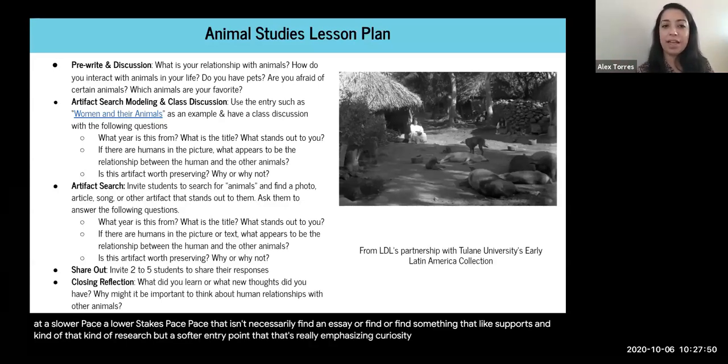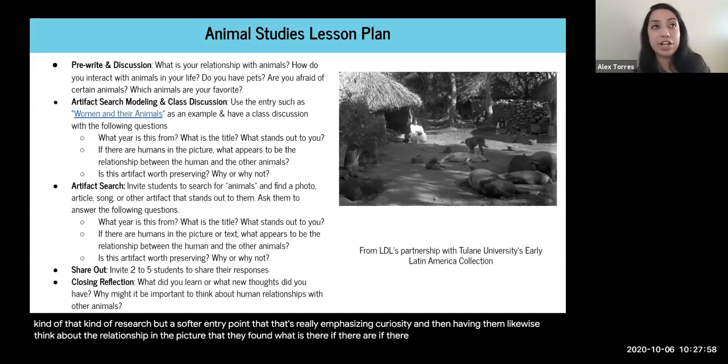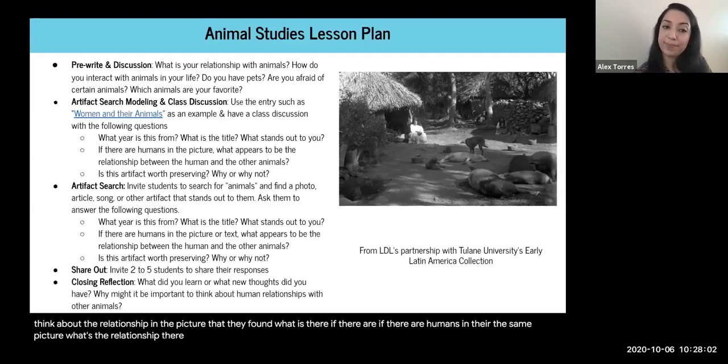And then having them likewise think about the relationship in the picture that they found. If there are humans in the same picture, what's the relationship there?